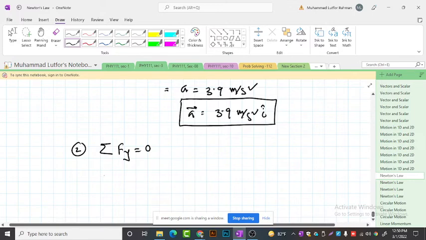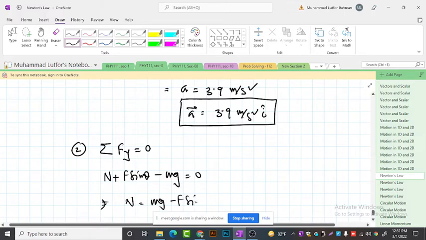So if I write N plus F sine theta, which is 15 sine theta, minus mg equal to 0, I can find from here that N would be mg minus F sine theta.